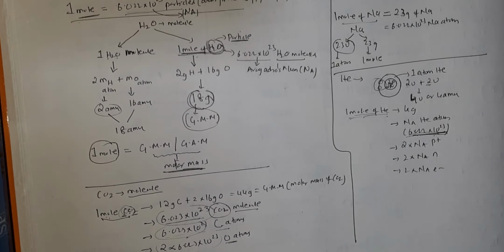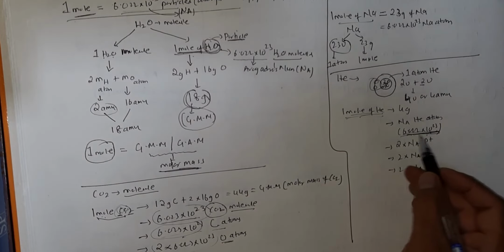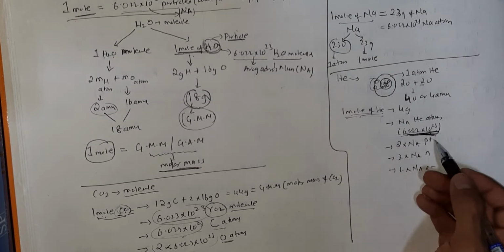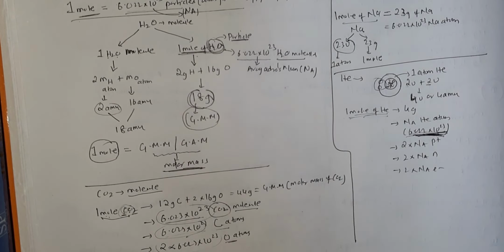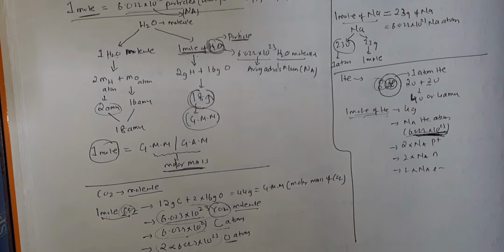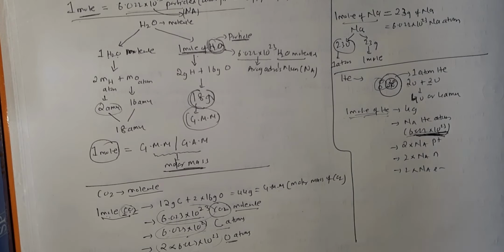Just remember one thing, this Avogadro number is named after a scientist, Amedeo Avogadro, an Italian physicist. He proposed a law saying that 2 gases of equal volume will have the same number of particles.